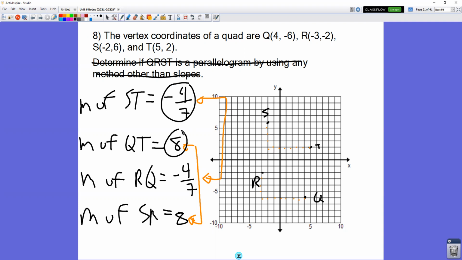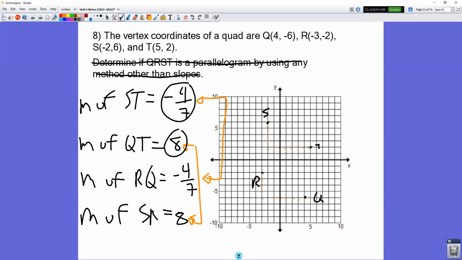And so remember, perpendicular lines form right angles, but they also have opposite reciprocal slopes. And so if these were truly perpendicular, this 8 would have to be positive 7/4 if they were opposite reciprocals.